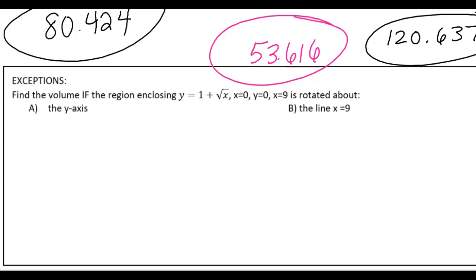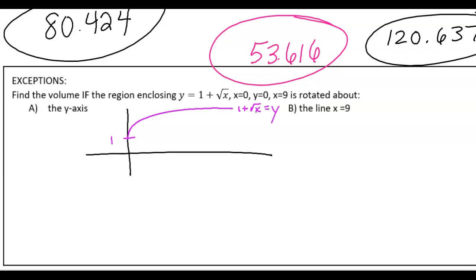So we have the same curve, because that's not what is the exception. So 1 plus root x. 1 plus root x. We've got x equals 0. Y equals 0. And x equals 9.